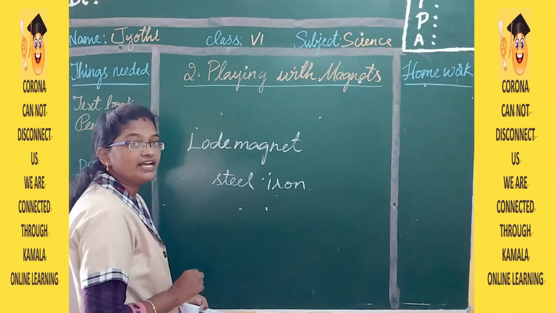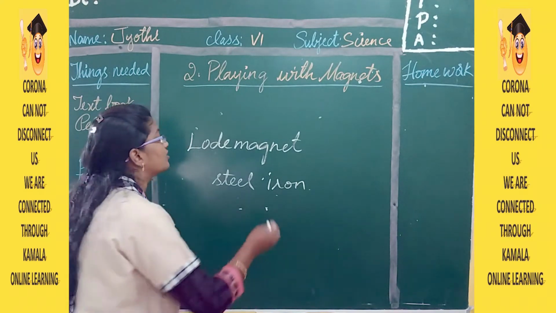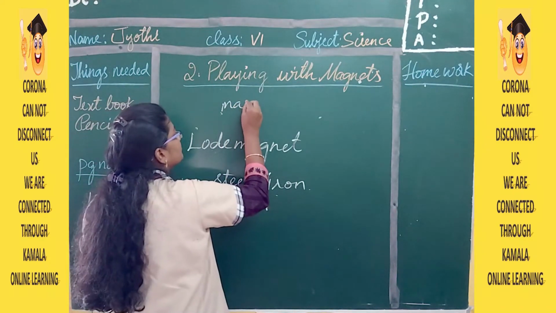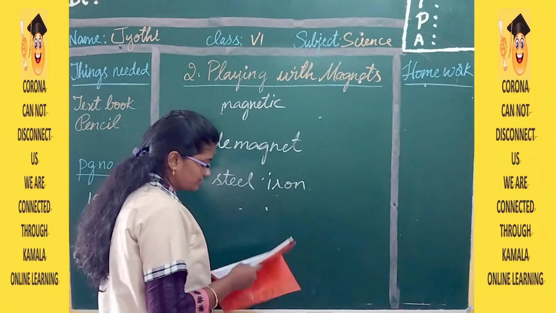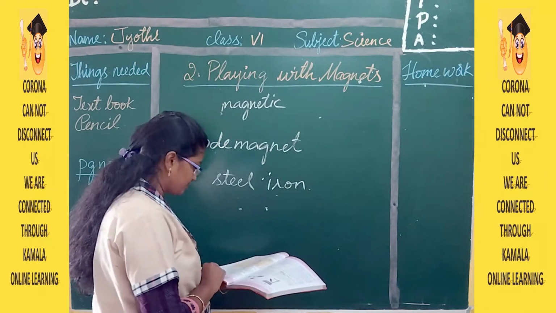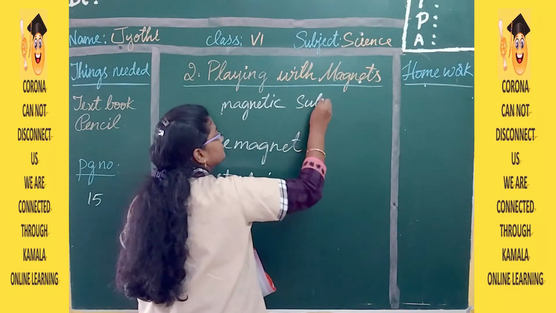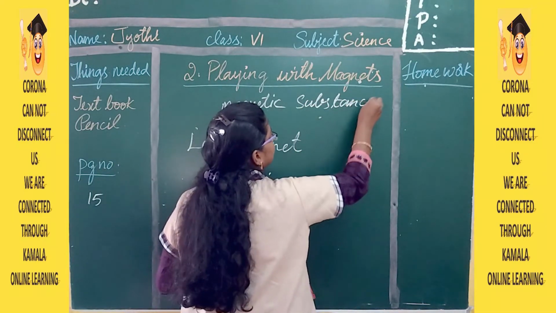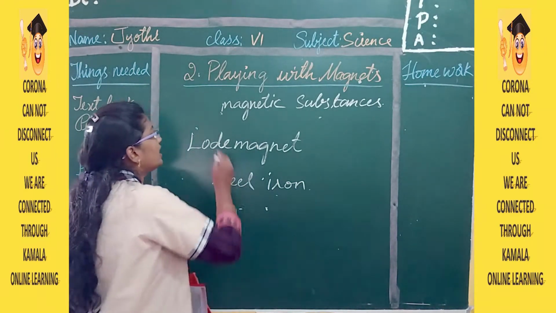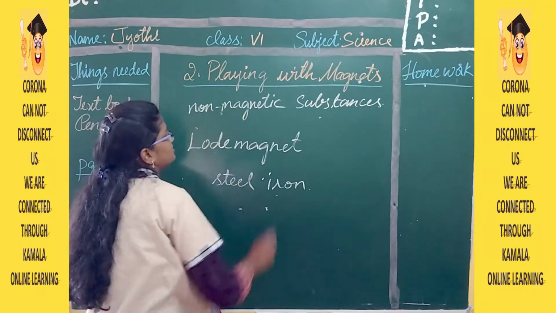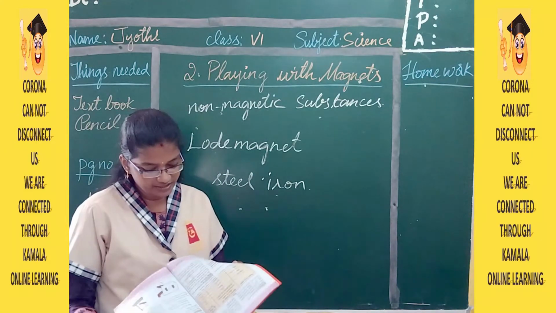So the substances which are attracted by the magnet are called magnetic substances, and those which are not attracted by the magnet are called non-magnetic substances or non-magnetic materials. So about this we have learnt.